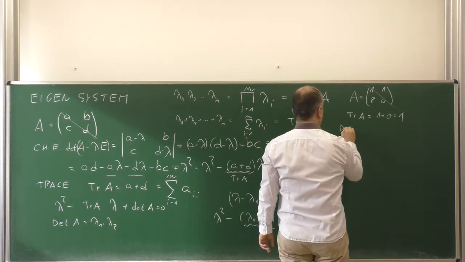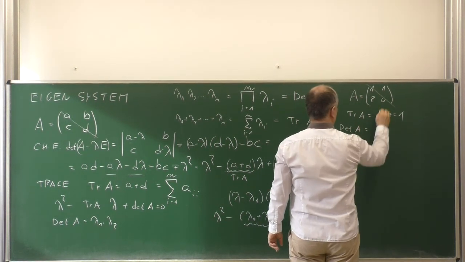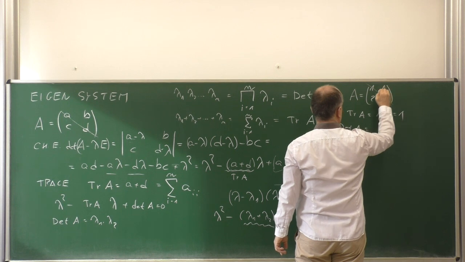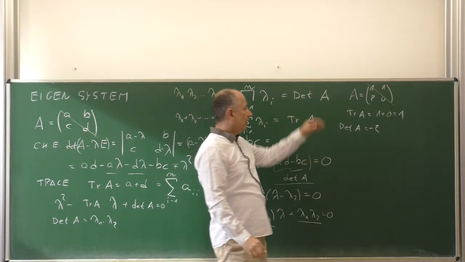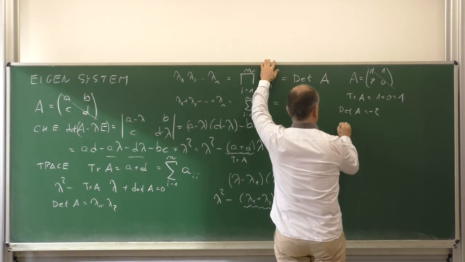We compute the determinant, which is this times this minus this times this, and we can immediately write the characteristic equation.